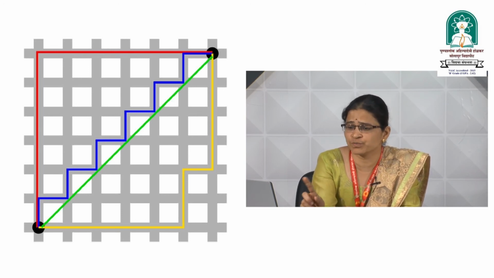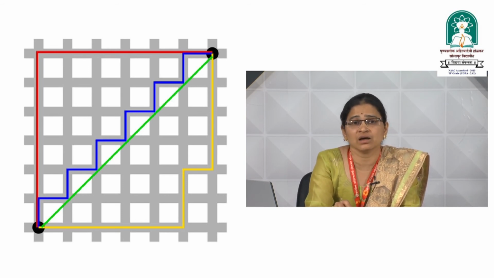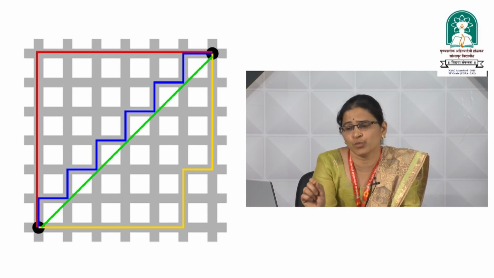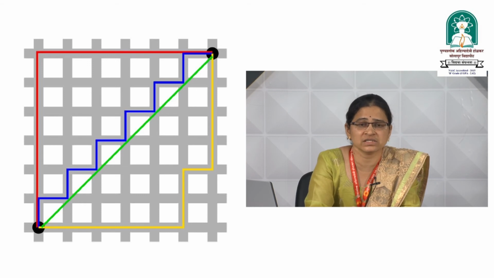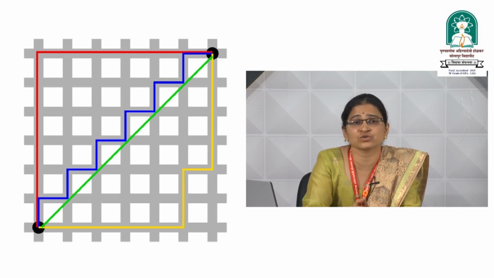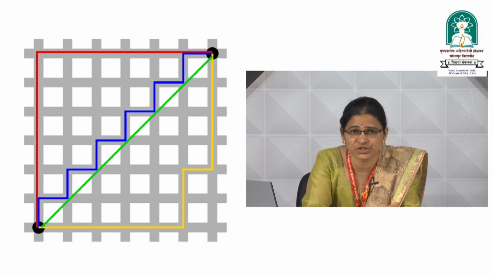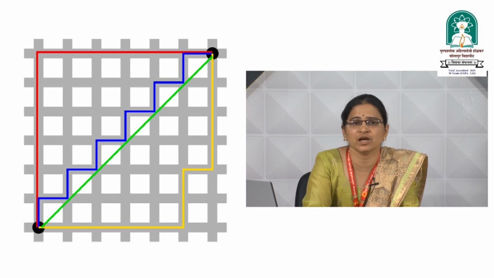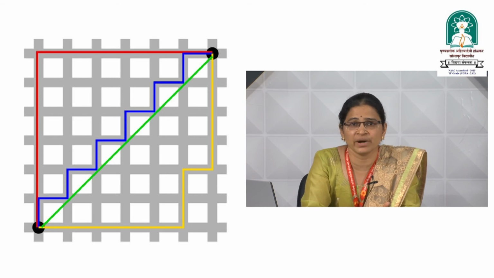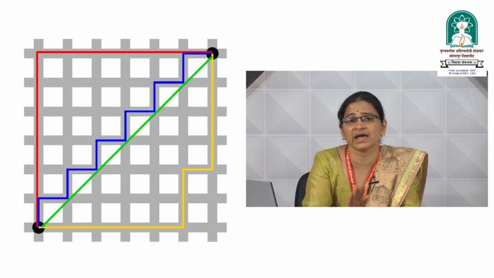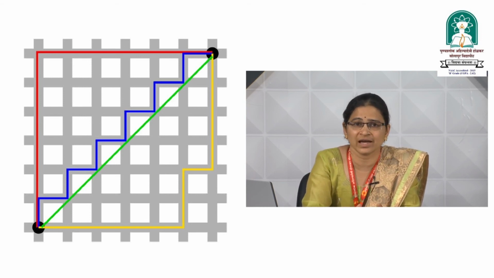Therefore, if we fix any point on these square-shaped points and try to find the circle, the set of points at that distance is given by a diamond-shaped sketch. Therefore, in the taxi cab metric, a circle behaves like a square or diamond shape.